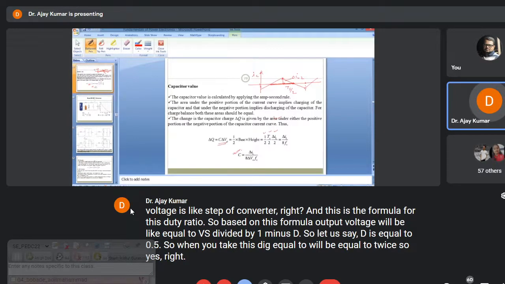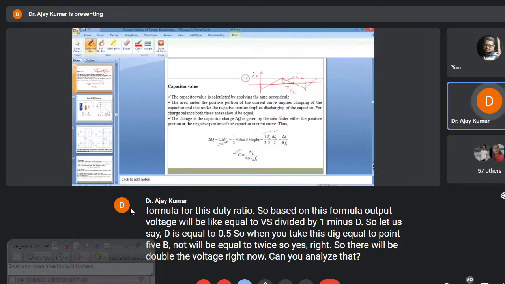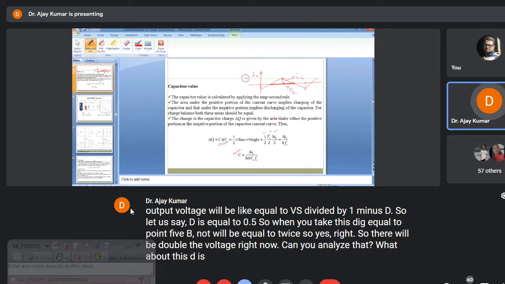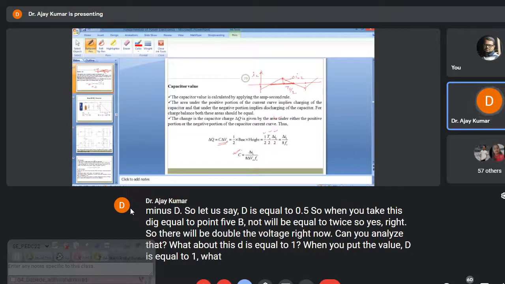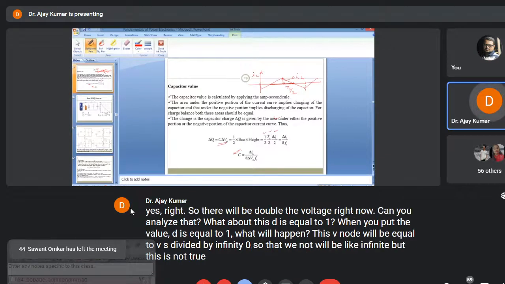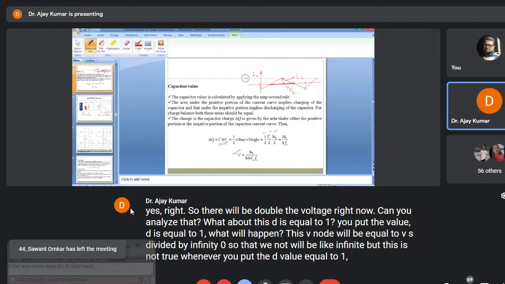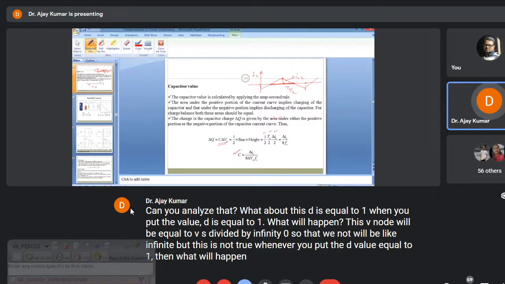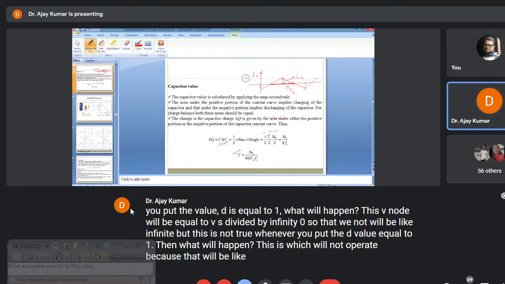Now, can you analyze what happens at D equal to 1? When you put the value D equal to 1, what will happen? V naught will be equal to Vs divided by 0, that is infinite. But this is not true. Whenever you put D equal to 1, the switch will not operate in the second mode of operation, and the load will be discharging through the capacitor only, right?